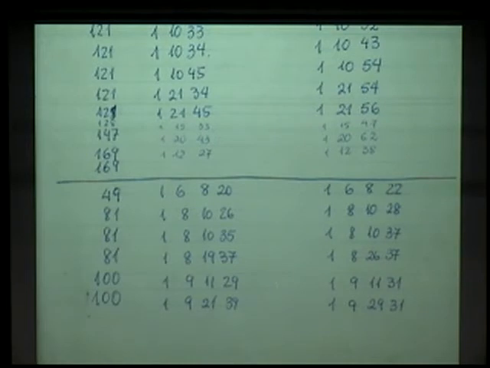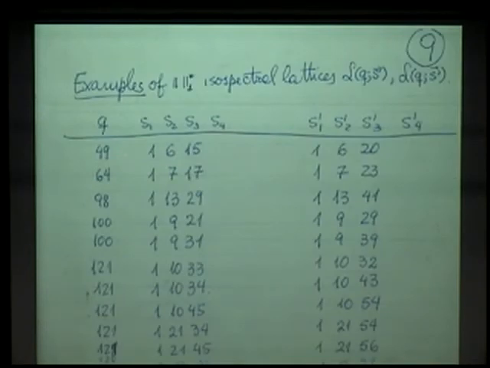And now the other thing is that if we look at the examples in dimension 3 and the examples in dimension 4, it's not clear how to go from one to the next. So this is one of the things that we don't know how to do. It would be nice to be able to construct examples in dimension m+1 once you have them in dimension m. But this is the first one.